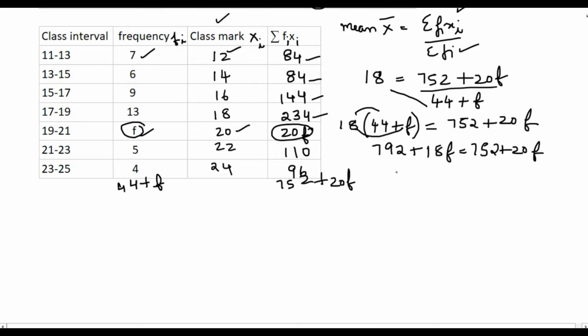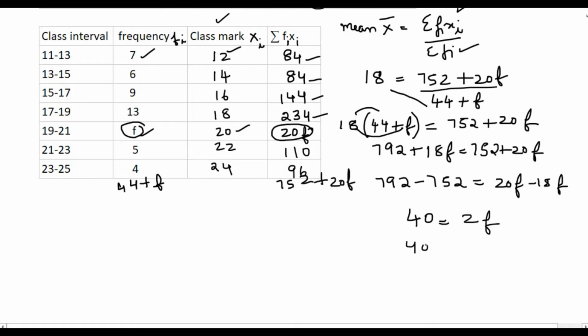Now bring numbers to one side and variables to the other side. So 792 minus 752 equal to 20f minus 18f. 792 minus 752 is 40. 40 equal to 20f minus 18f is 2f.